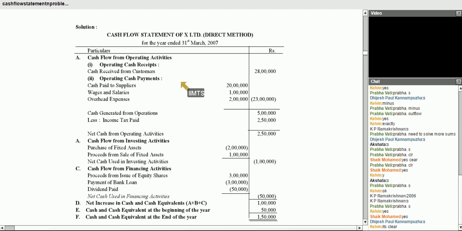Actually, the main thing is to judge which thing will come under operating activities, which under investing activities, and which under financing activities. We have to be sure about it. Like the payment of bank loan will come under financing activity, or proceeds from issue of equity shares will come under financing activity. Rest is the calculation work.